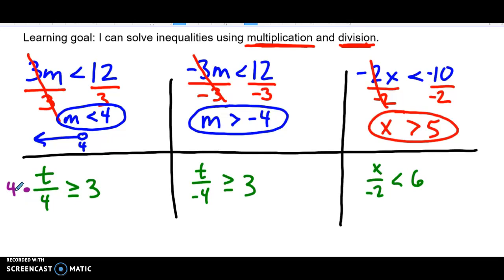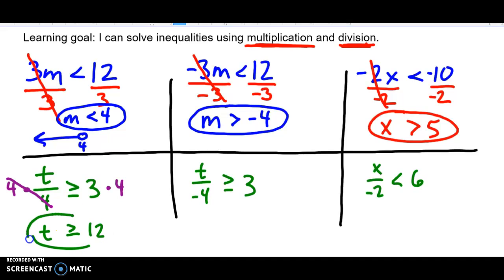Remember, when you show your multiplication, use the dot, not an x, because that looks too much like a variable, or you can use parentheses. The whole reason I'm multiplying by 4 is to cancel this divided by 4. So that leaves me with just the t. And on the right side, 3 times 4 is 12.